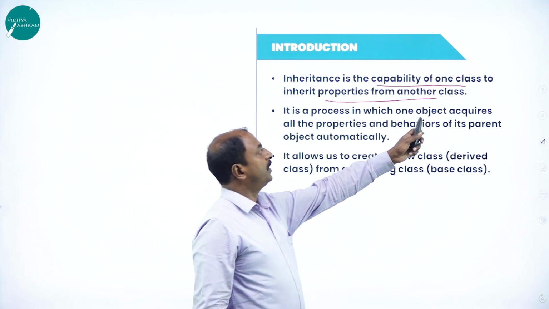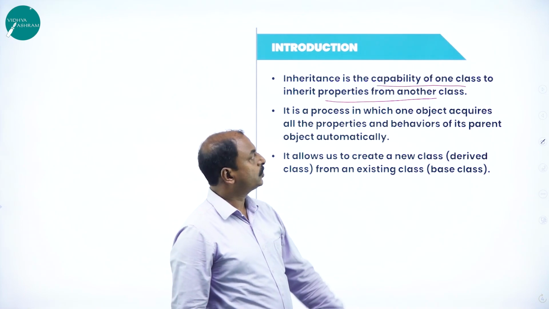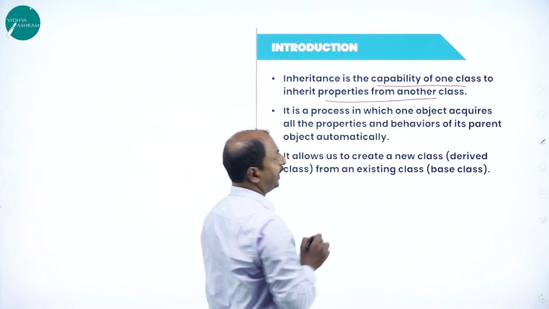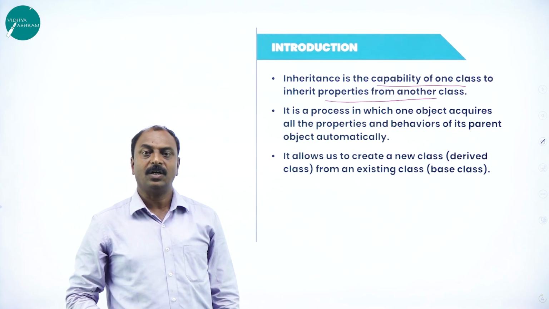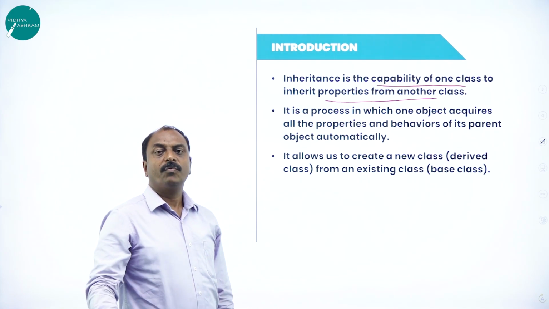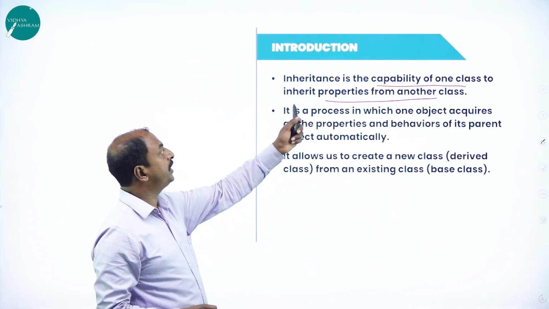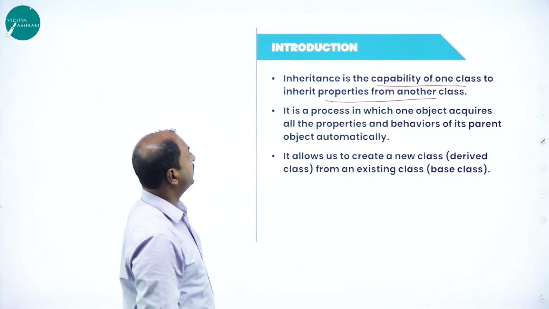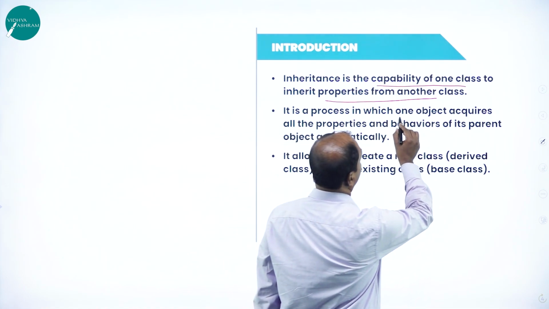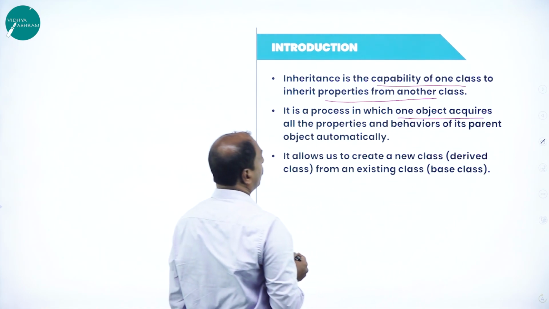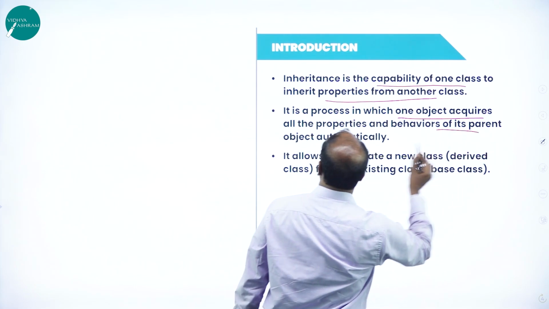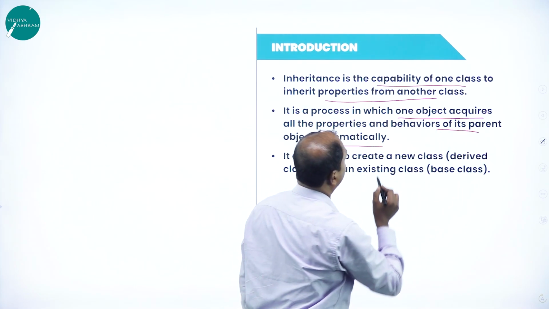So if there are more than one class, one class acquires the properties from another class, or it inherits, or it acquires the property from other class, that is called inheritance with respect to programming concept. So it is a process in which one object acquires all the properties and behaviors of its parent object automatically.